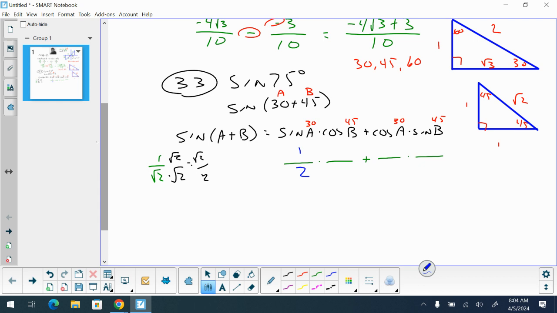Folks, pay attention to what I'm talking about up here. 1 over square root of 2 rationalizes to what, Gavin? No, you don't need a calculator. Dallas? Square root of 2 over 2.